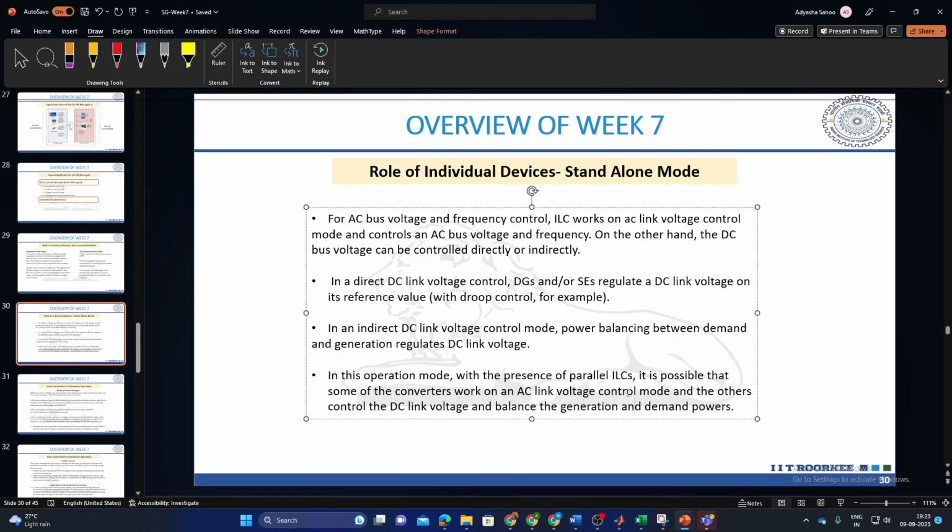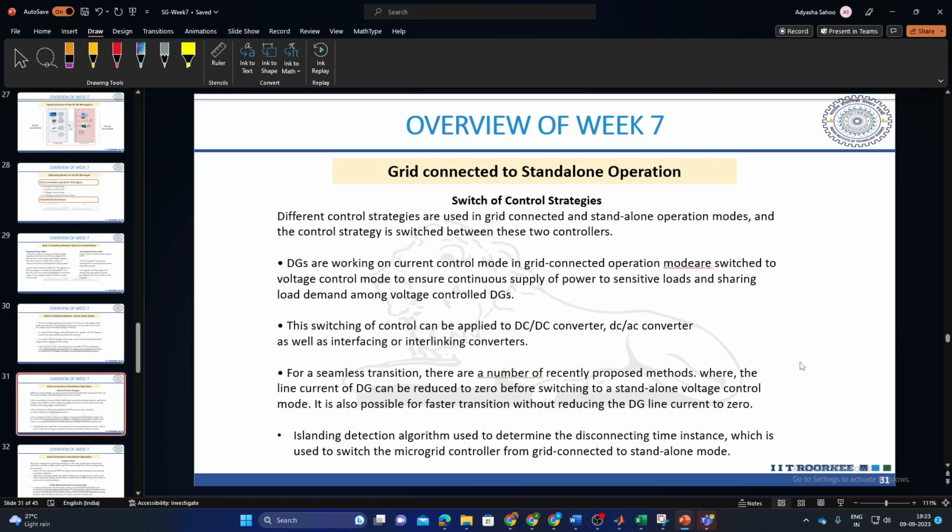The DGs and the storages will regulate the DC link voltage at the reference value. In the indirect DC link voltage control method, depending upon the direction of power flow, they'll regulate the DC link voltage. And here also we can have the presence of parallel interlinking converters.